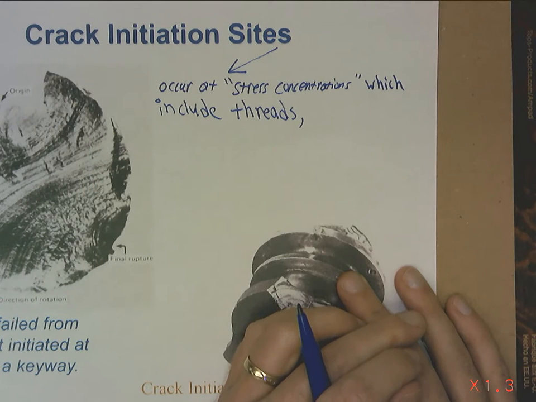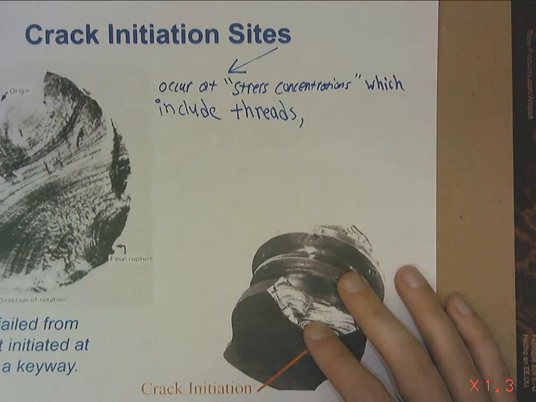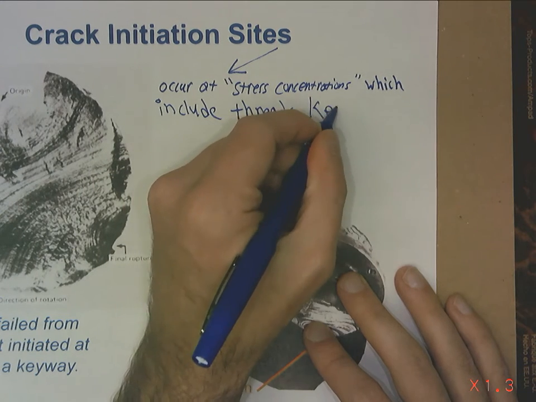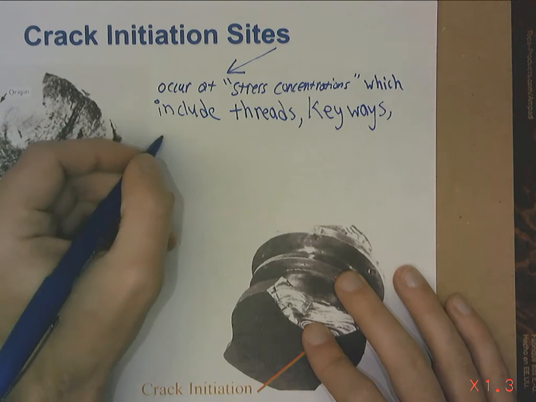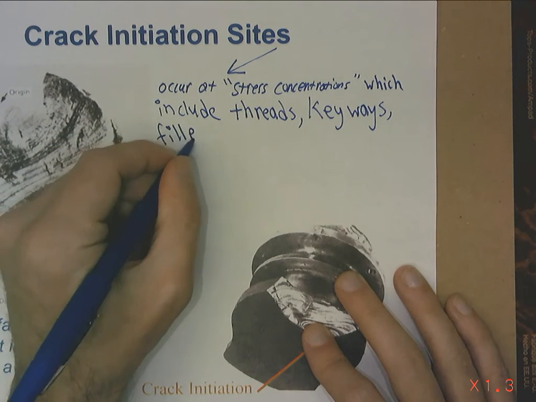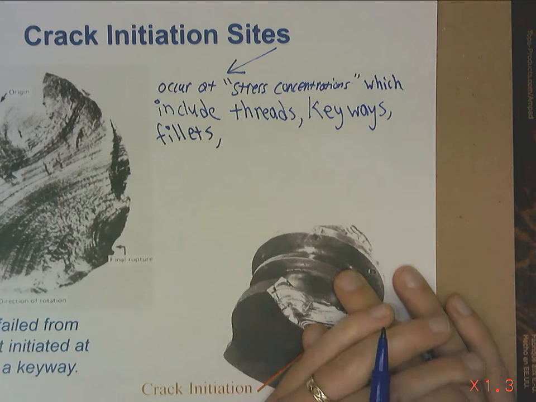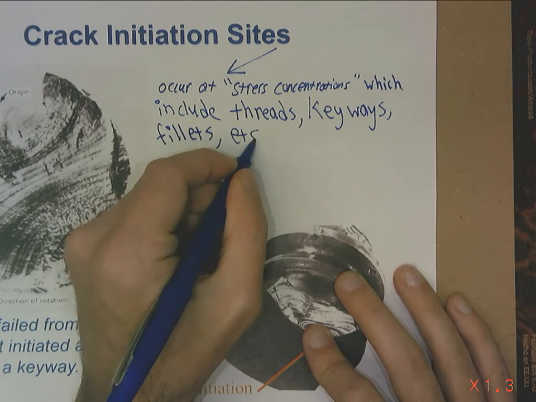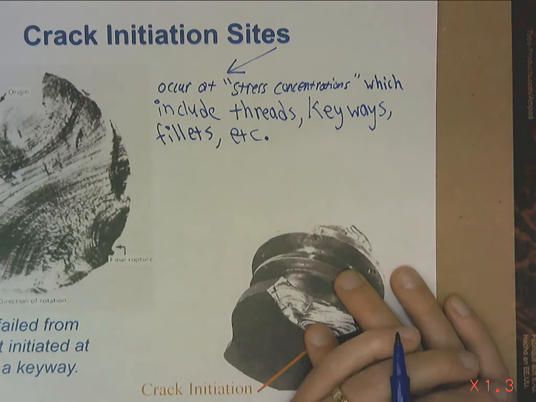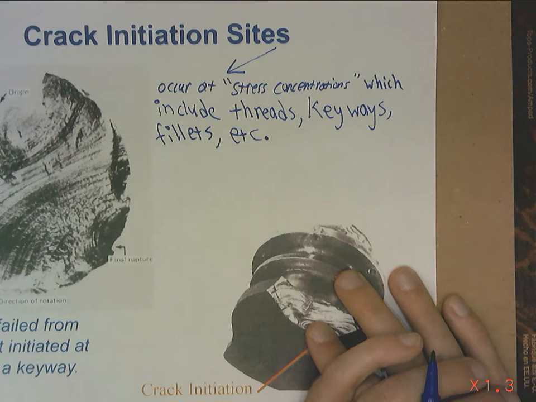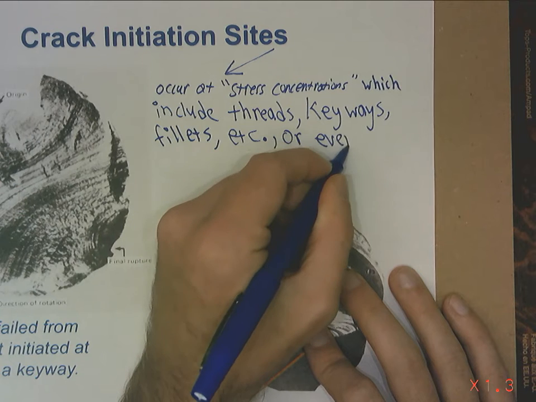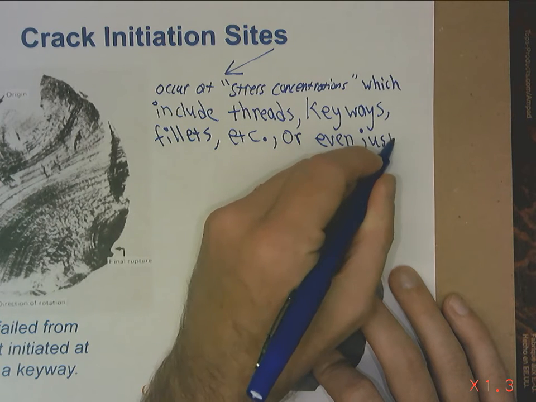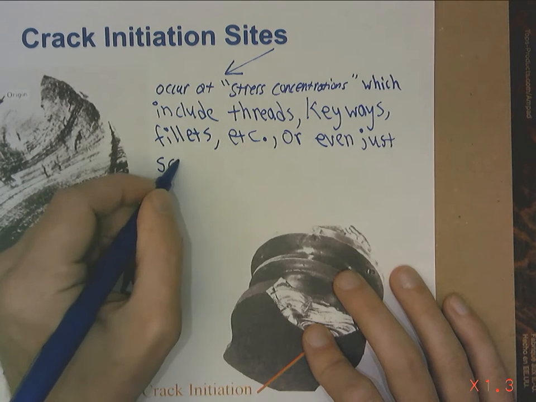I'm going to try and write a little larger here. I realize it's getting a little small. Keyways, fillets, etc. Feel free to Google any of those if you don't know what they are. Or even just scratches can start a fatigue failure.